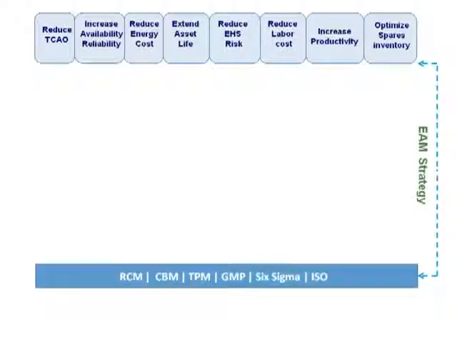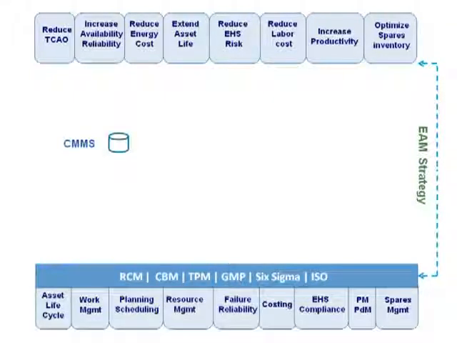And you may have adopted some strategy around how you want to go about managing all these assets and maintenance and reliability. So you may be using RCM, TPM, or Six Sigma, ISO, whatever may be, or a combination thereof. Some of you might have your own methodology.